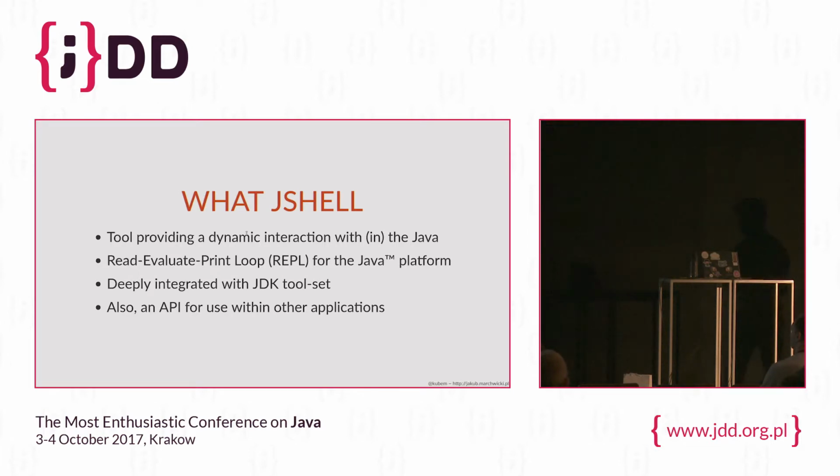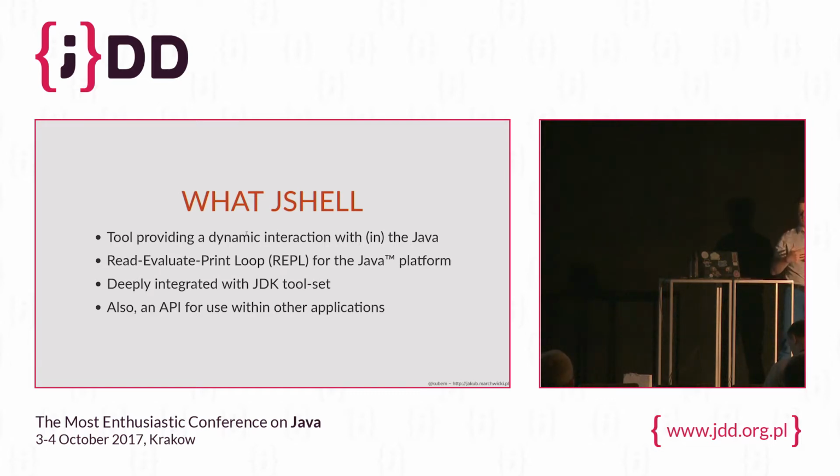And we'll try to have a look at what we can use JShell for and how we can work with it. JShell stands for Java Shell. It is not JavaScript hell, as some people might point out. And this is a standard read, evaluate, print loop. This is a tool that we finally got in Java.